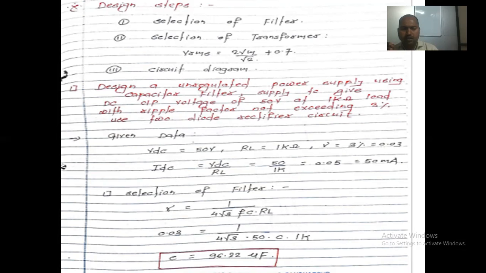Is it right? 4 into root 3 into 50 into 1k is 346,410.16, into multiply by C. C is as it is, which is equal to 0.03.